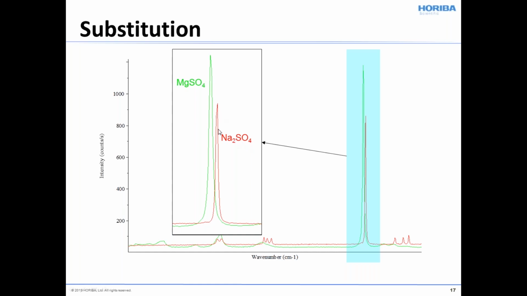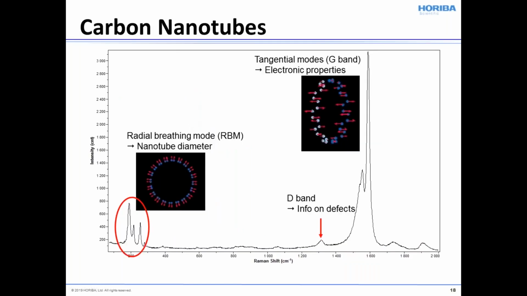But notice how the peak position and even the width of that band is affected by the cation that's in this crystalline compound. So even if you have just a change in the cation in an inorganic compound, one can, by Raman spectroscopy, if you have a spectrometer with sufficient resolution, readily differentiate even these kinds of inorganic compounds.